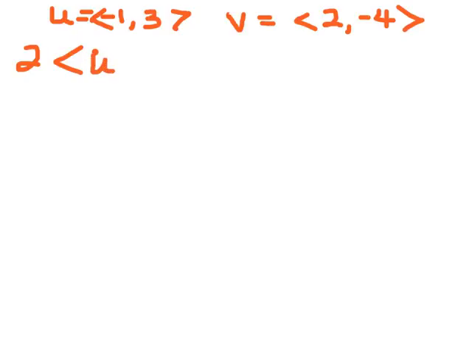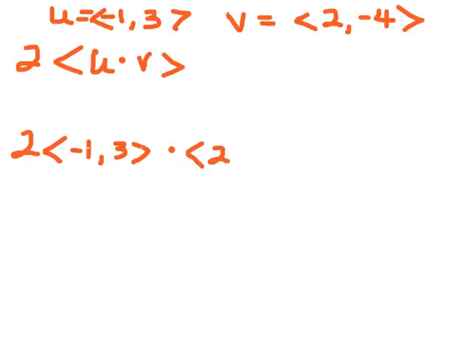If I had 2 times U dot V, I could double the U: 2 times negative 1, 3, and dot product that with 2, negative 4. I would do the inside of the parentheses first. If I just multiply, that's going to be negative 2, 6 here.